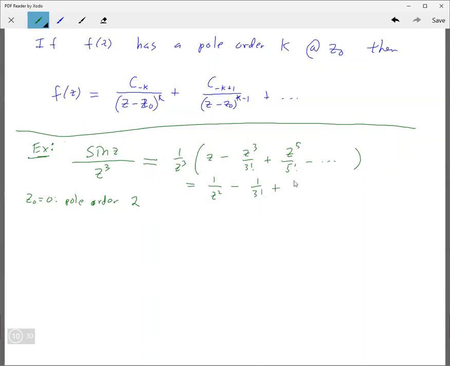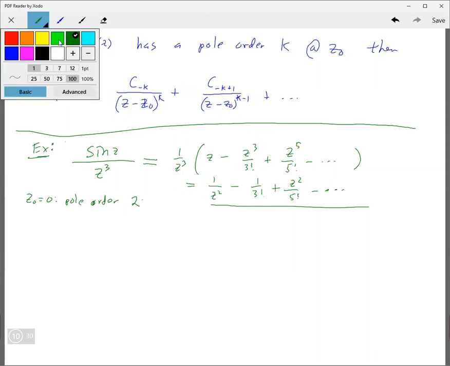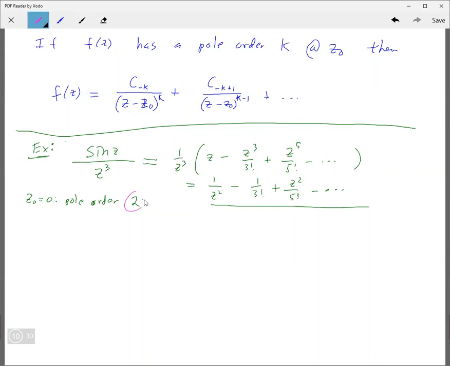Reduce each of these by 3. And there's your Laurent series right there. And notice that the lead off term is 1 over z squared, and the order is 2. So that and that are the same. Okay, so that's probably not a good example.